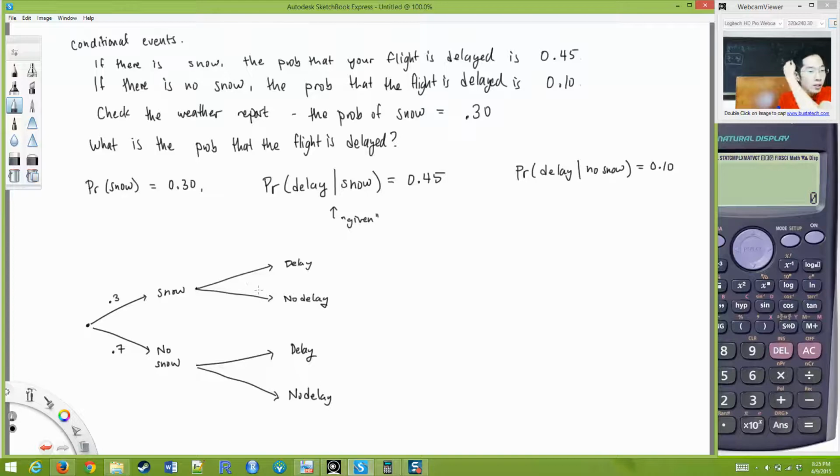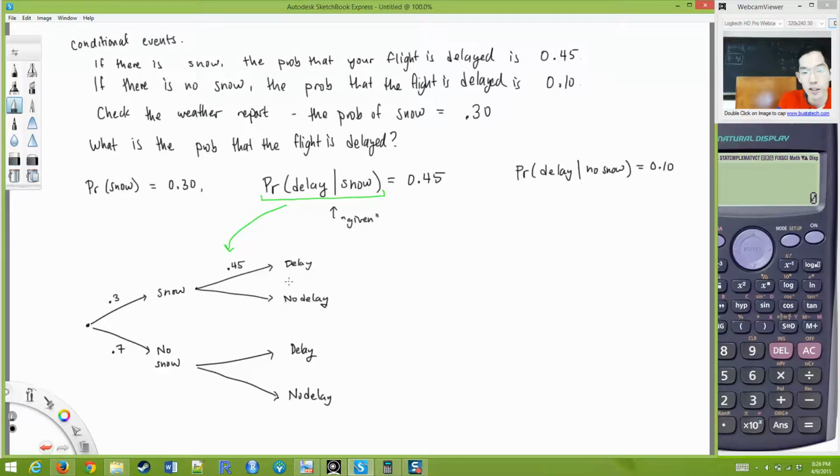Okay? So what number would I put on this branch here? The snow has happened. What's the probability of a delay? I put 0.45 here, okay? So note that this number right here, probability of delay given snow, goes right there, okay? So then what number goes down here?